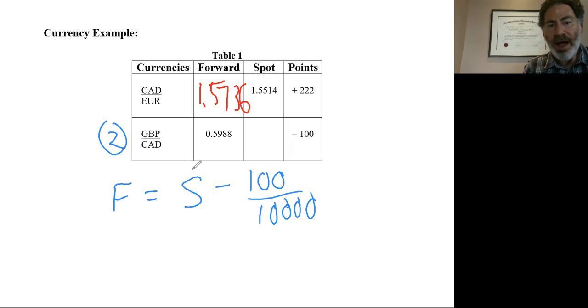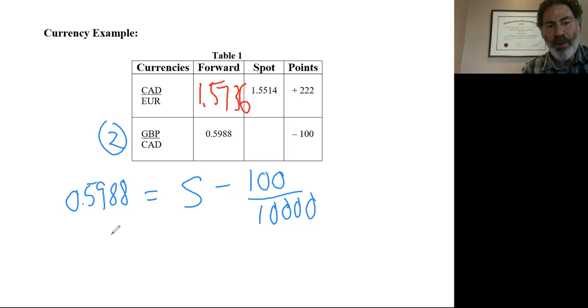We don't know what the spot is, but we know what the forward is. Let's enter that here. Our forward is 0.5988.